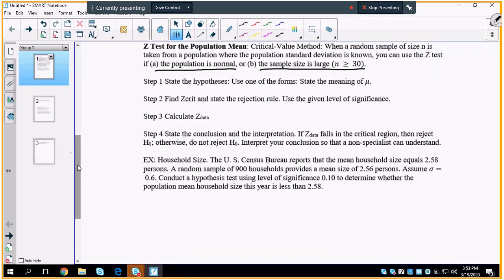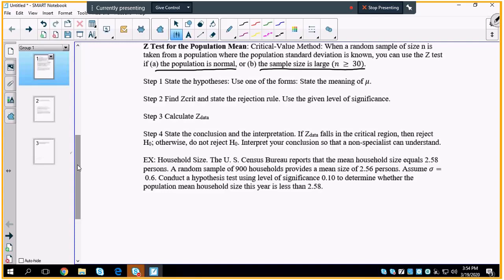Step 2, find the critical data and state the rejection rule. Use the given level of significance in order to find the critical data, and then calculate Z data. Finally, state the conclusion and interpretation. If the Z data falls in the critical region, reject the null hypothesis. Otherwise, do not reject the null hypothesis and interpret accordingly.